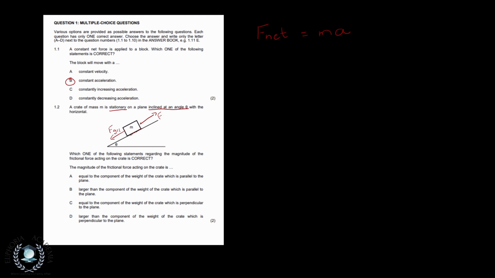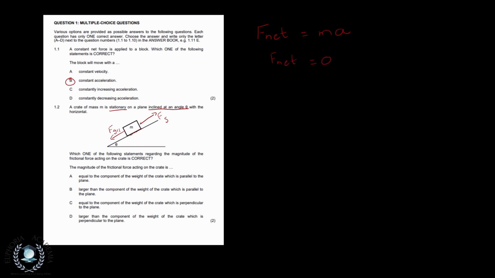So that means we have our Fs like that. Now, if these are not moving, that means that the forces are balanced, right? So that means our F net in this case will be equal to 0, right?